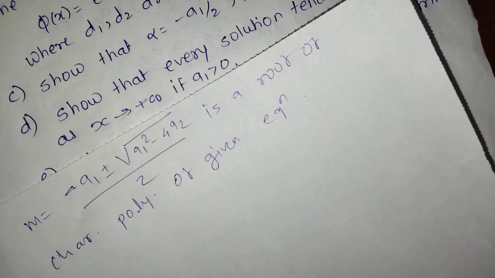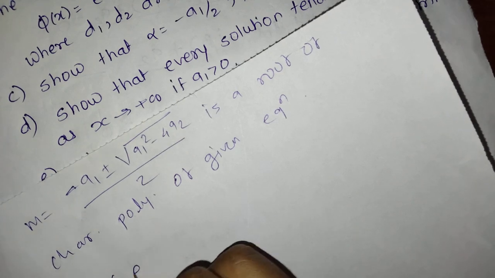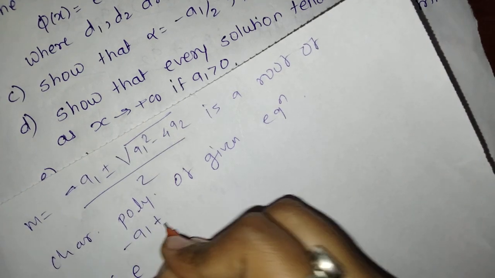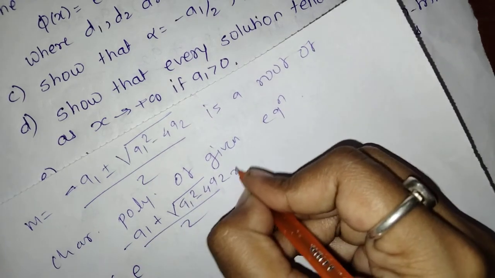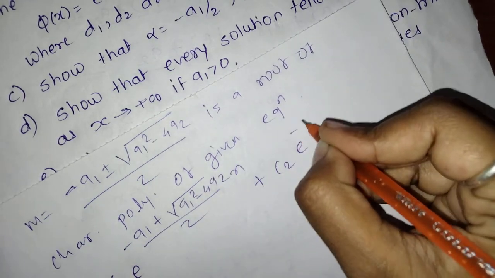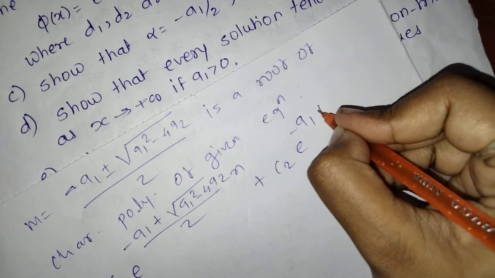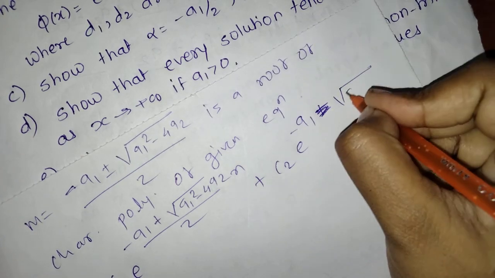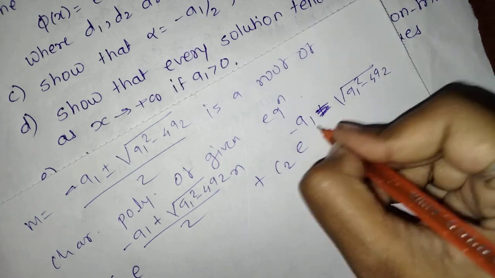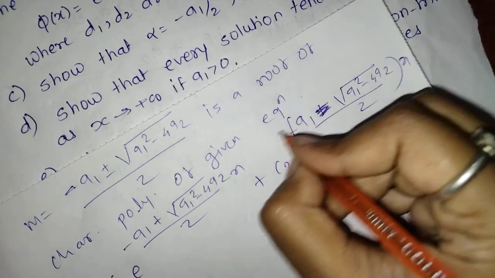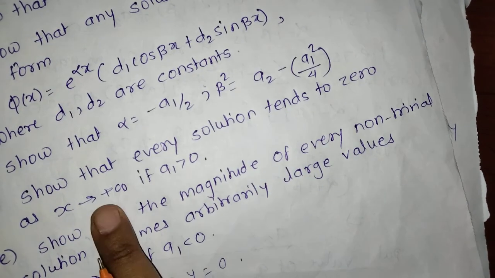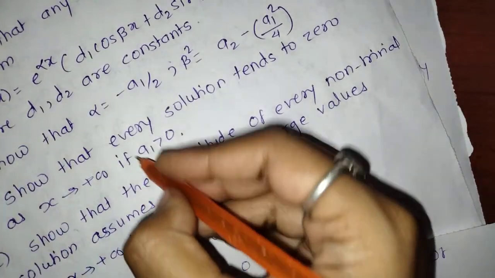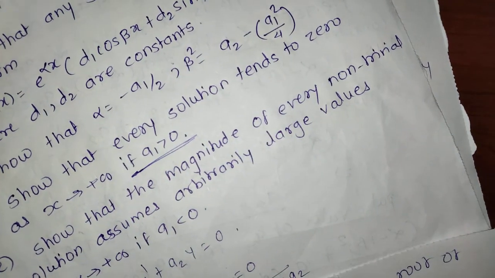So phi of x is equal to c1 e raised to (minus a1 plus under root a1 square minus 4a2) upon 2 x, plus c2 into e raised to (minus a1 minus under root a1 square minus 4a2) upon 2 x.